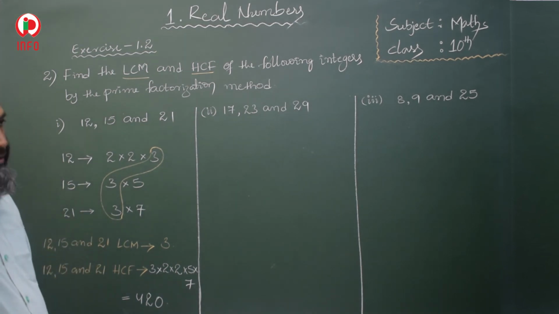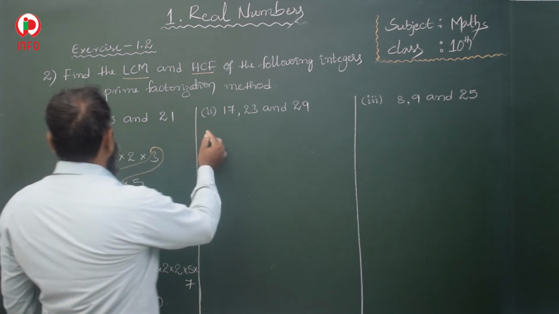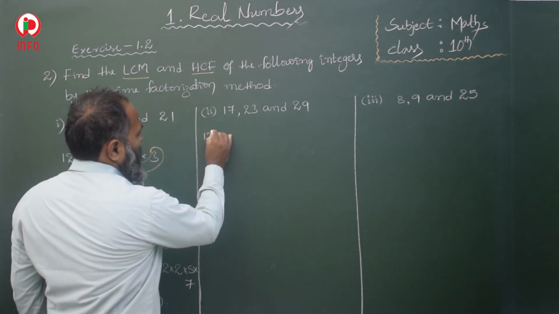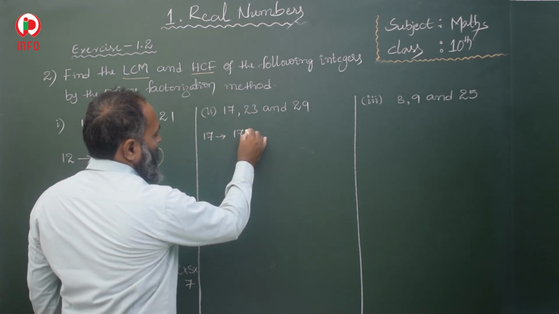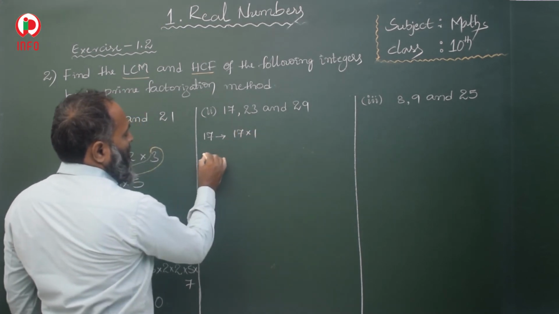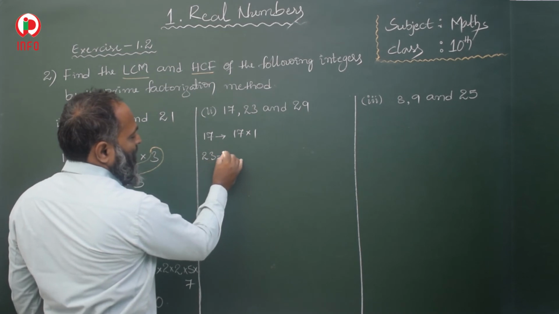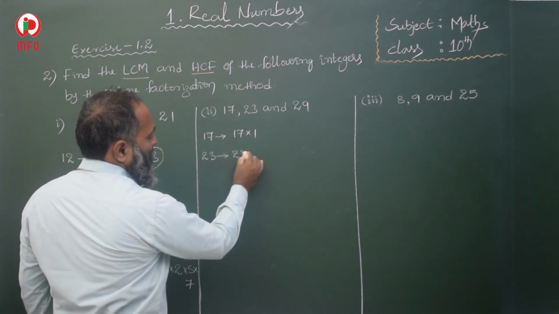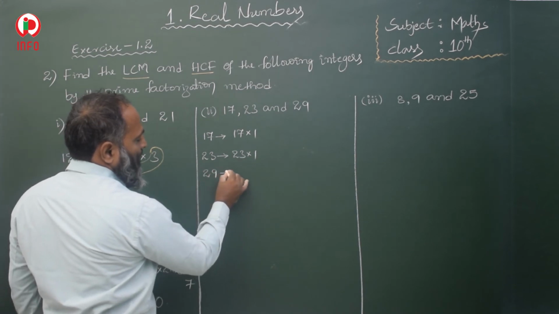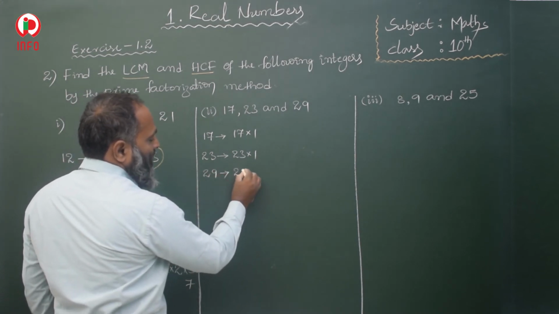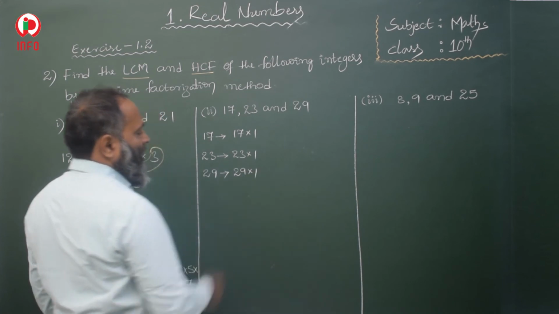Okay. Now here, first 17 prime factors: 17 ones are 17. Then 23 is a prime number, then 23 ones are 23. Here 29 is also a prime number, no other common factors, then 29 ones are 29.